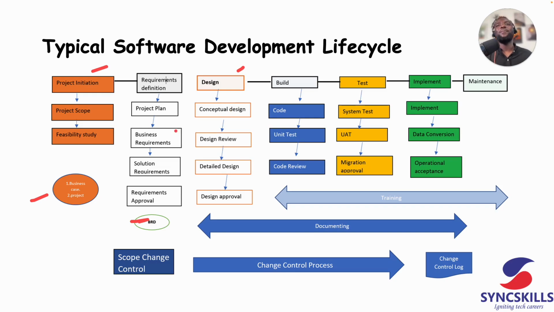And a BA, based on the business requirement that you'll be able to articulate and explain to the solution architect and the team, will be able to come up with a conceptual design, like an architectural design for the solution, right?